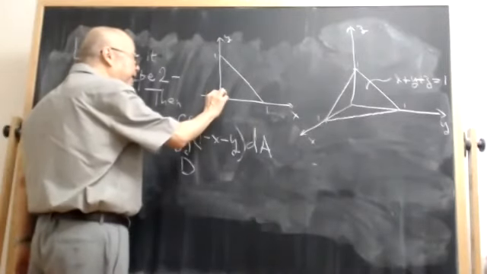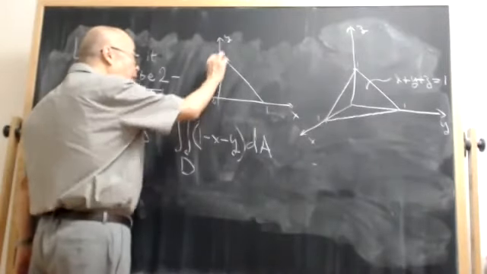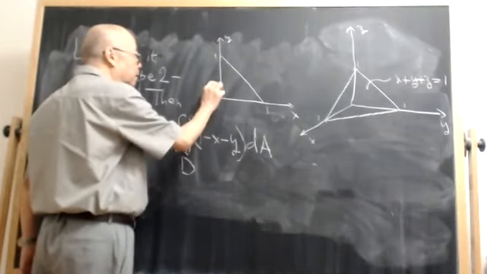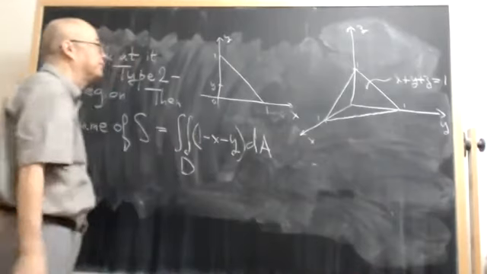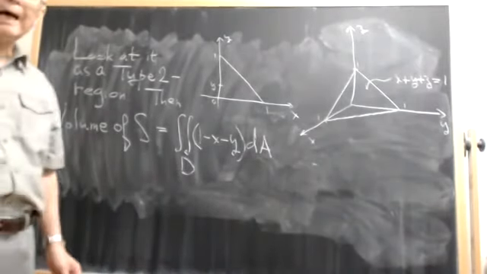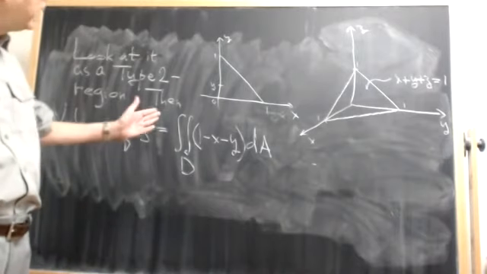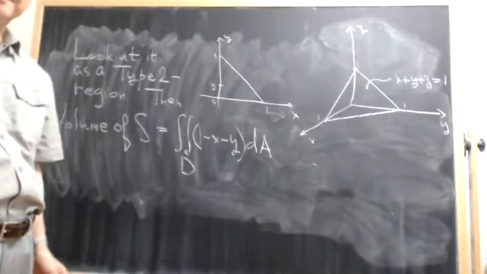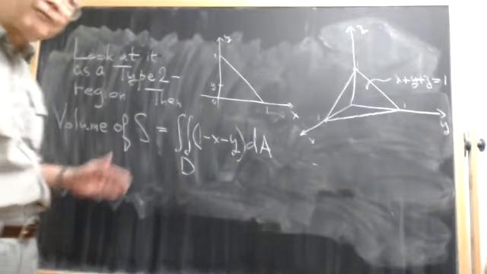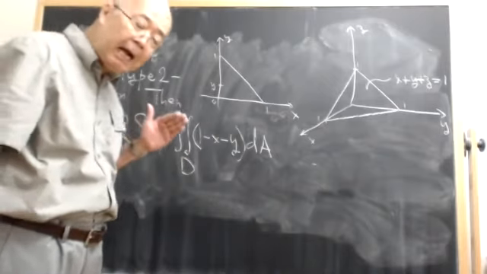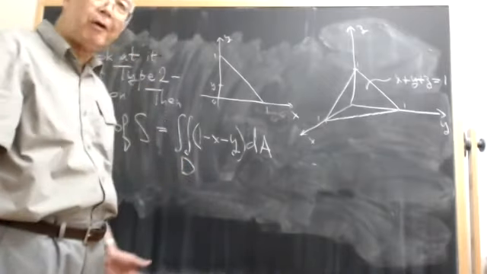So y is between 0 and 1. This is 1. So we fix a value y on the y-axis, and then you have to look at the corresponding range for x.